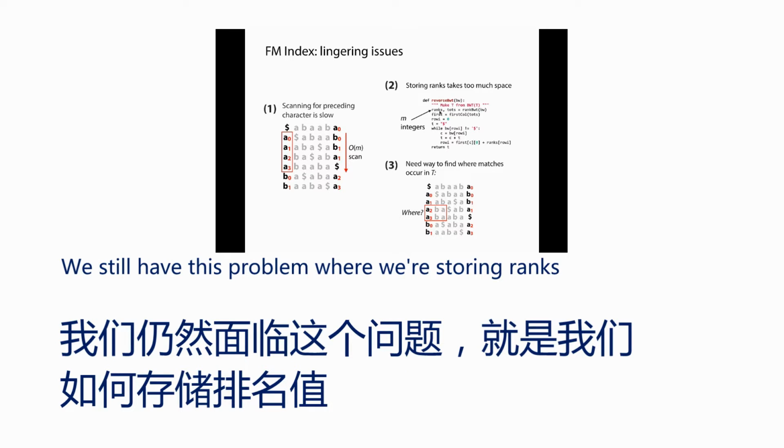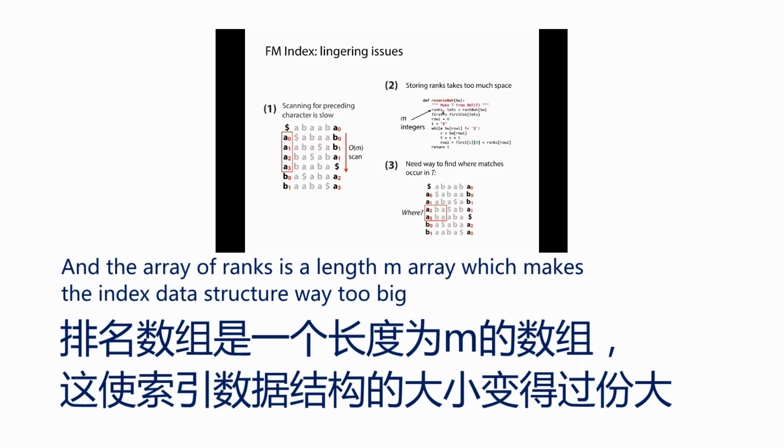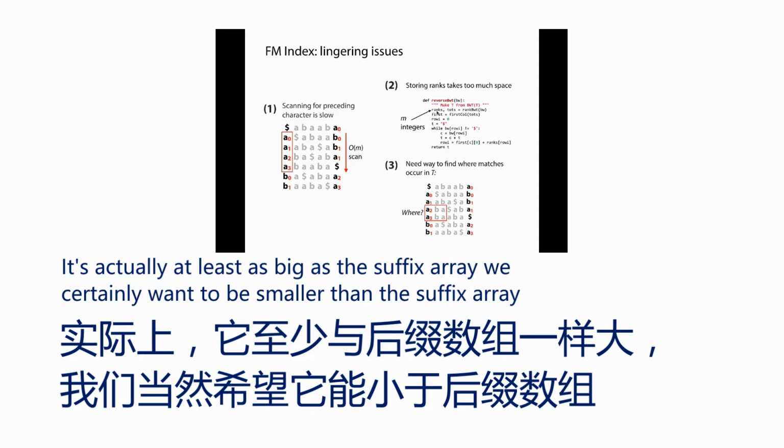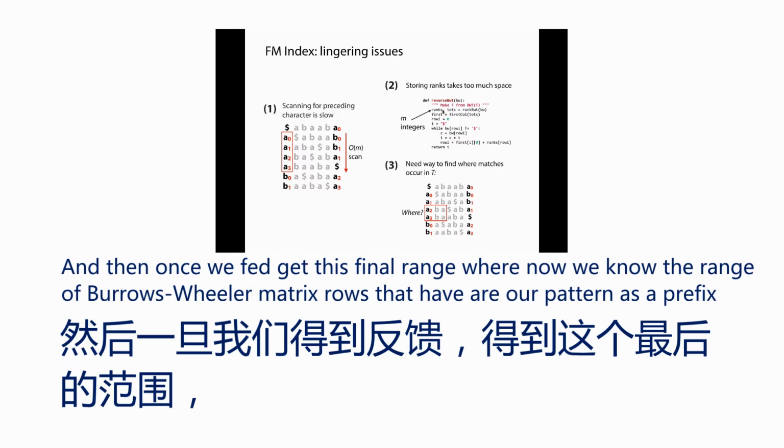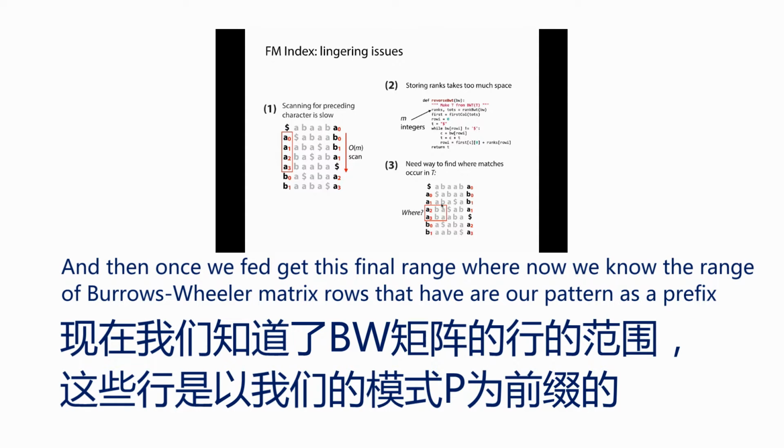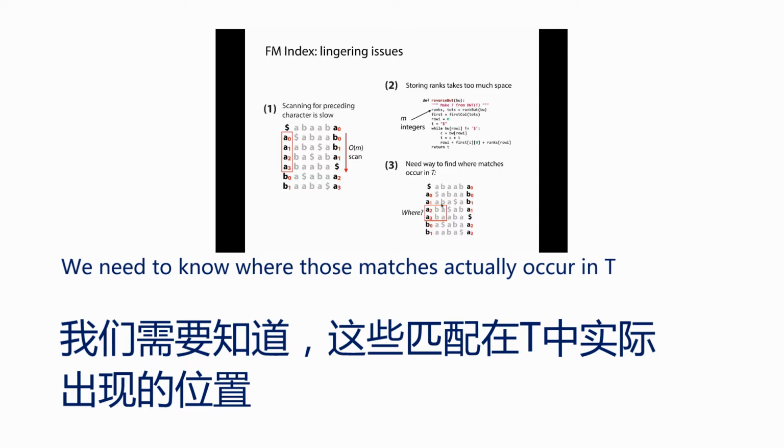We still have this problem where we're storing ranks, and the array of ranks is a length M array, which makes the index data structure way too big. It's actually at least as big as the suffix array, and we certainly want to be smaller than the suffix array. And then once we get this final range, where now we know the range of Burrows-Wheeler matrix rows that have our pattern as a prefix, we need to know where those matches actually occur in T.